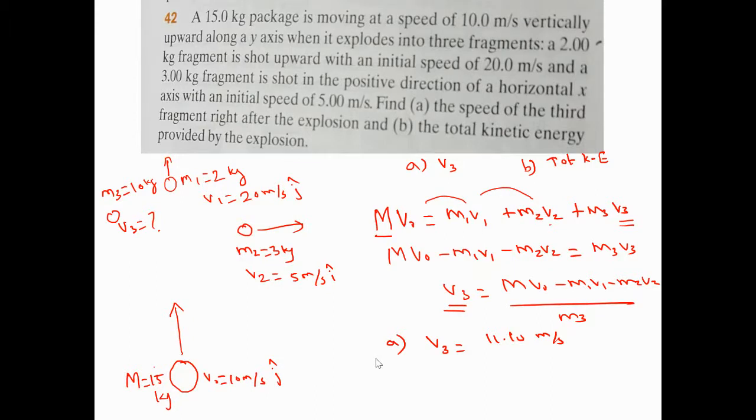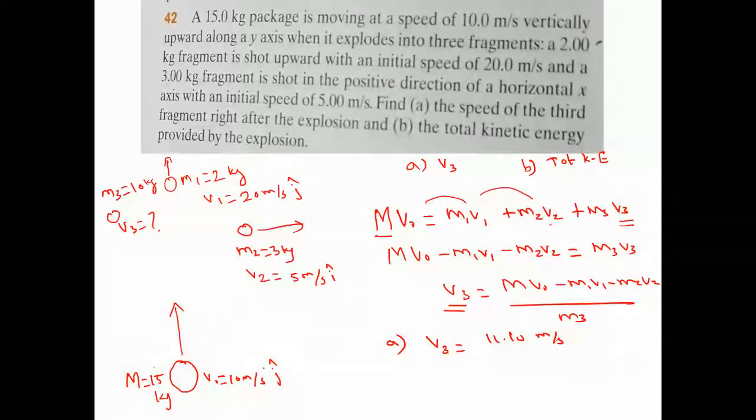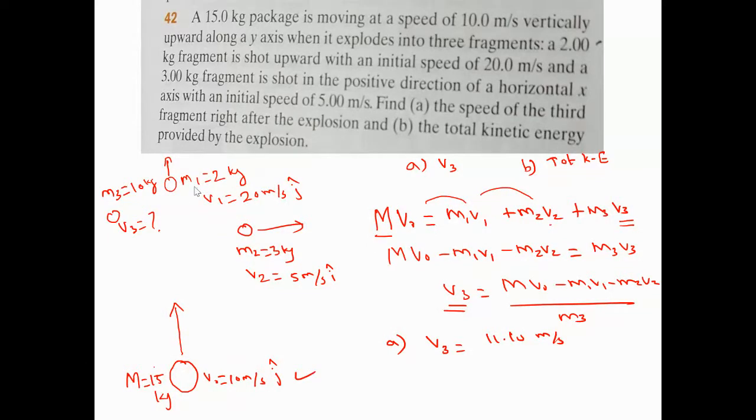Yes, teacher. Okay, let's move to the second question. What is given in the second question? The total kinetic energy. Apply the kinetic energy for this. So initial kinetic energy is equal to final kinetic energy. What is my initial kinetic energy? Half m v0 square, which is equal to half m1 v1 square, second particle half m2 v2 square, and third particle half m3 v3 square.